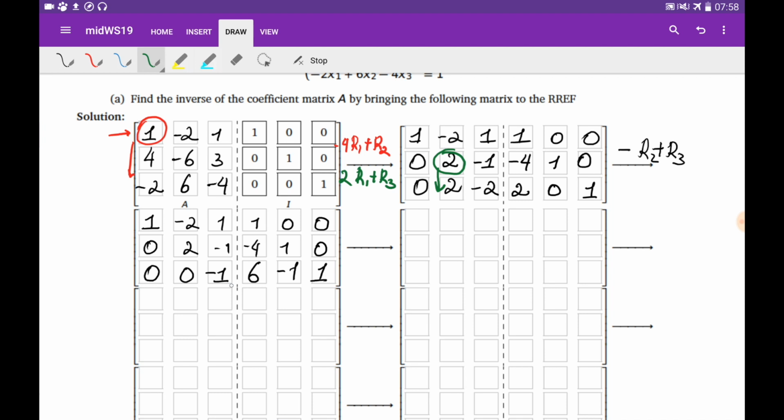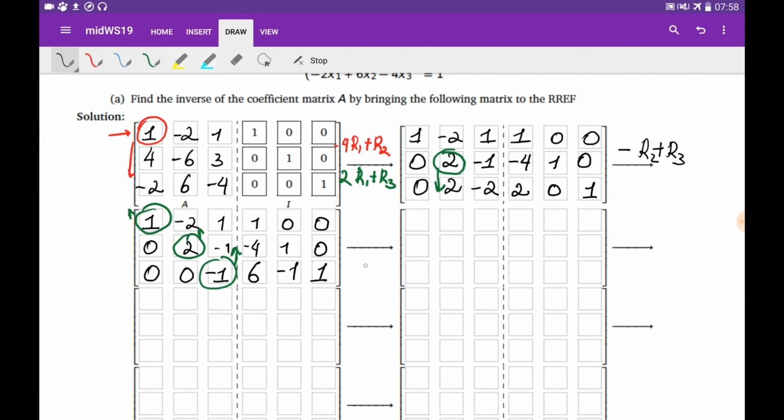In order to bring this to the reduced row echelon form, we need to choose now the pivots starting from the last row and eliminate the entries above them. The first thing we are going to do is, it would be easier for us to work with ones on the pivot positions.